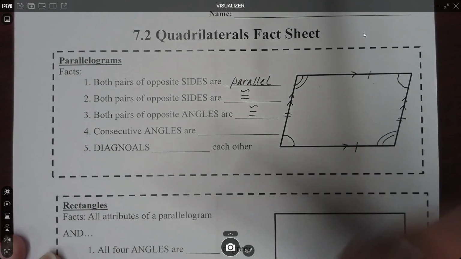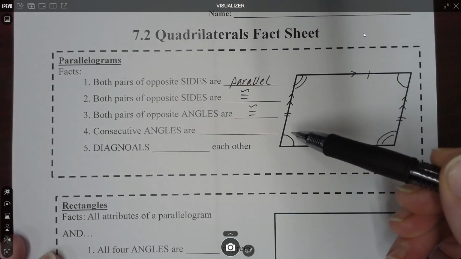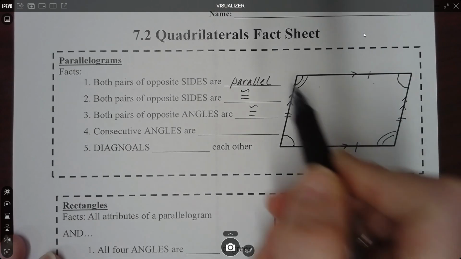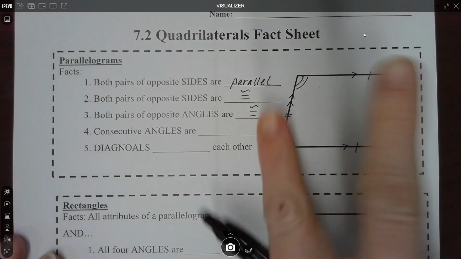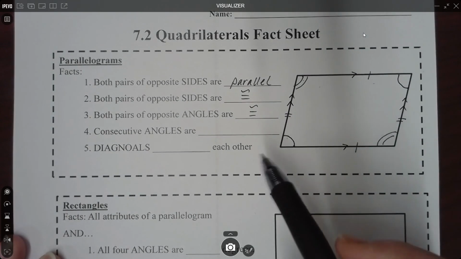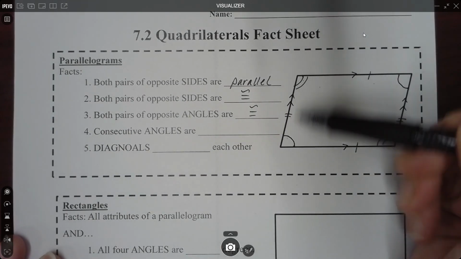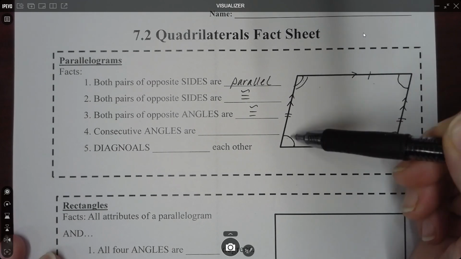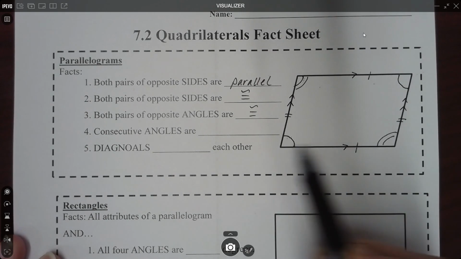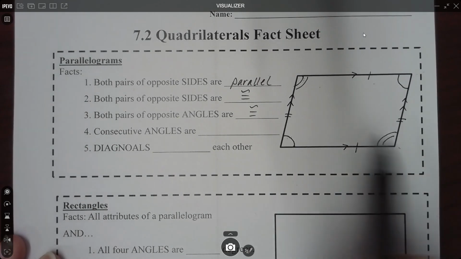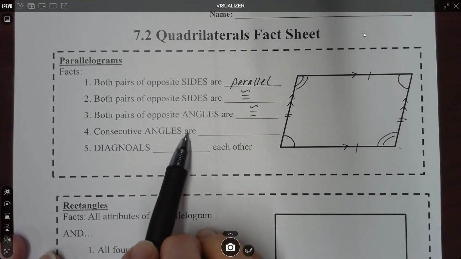Okay, so what does that make these two angles? Well, I want you guys to think about it. This is a parallel line, this is a transversal, or we could do it vice versa with the other parallel lines, but these are considered consecutive interior angles or same side interior angles. And so since those are same side interior angles of parallel sides, we know that consecutive angles are supplementary.